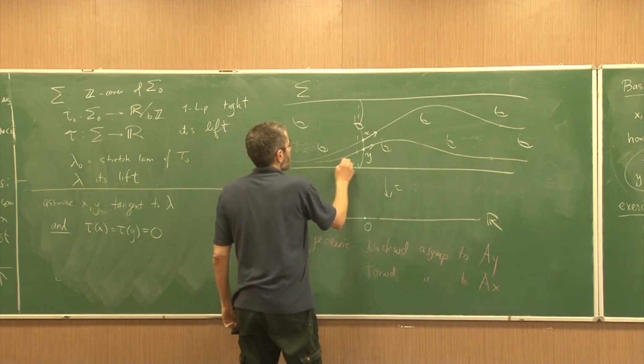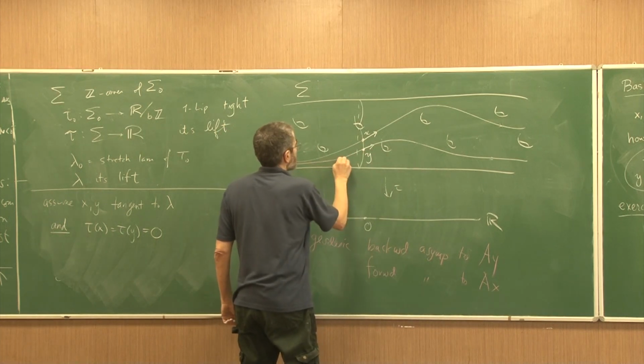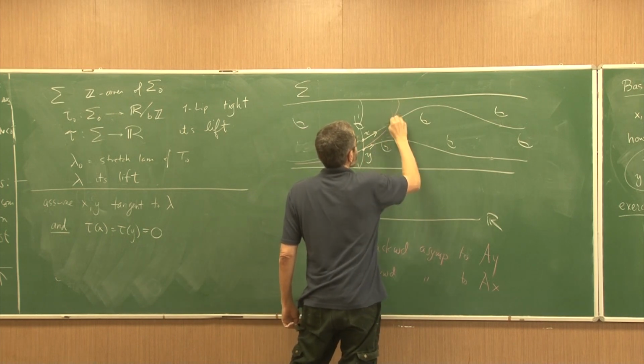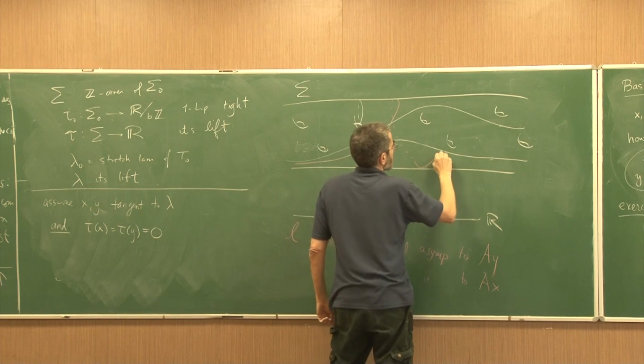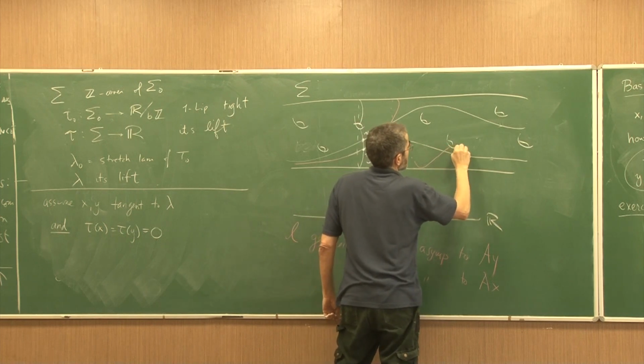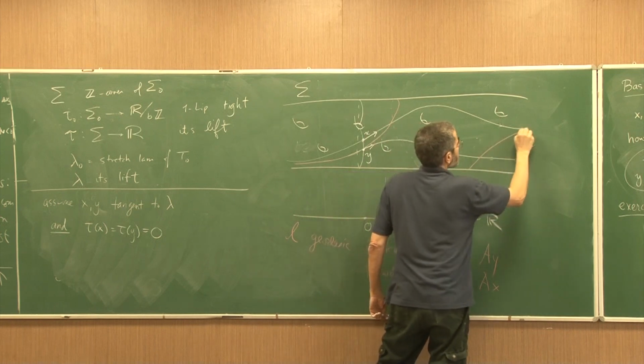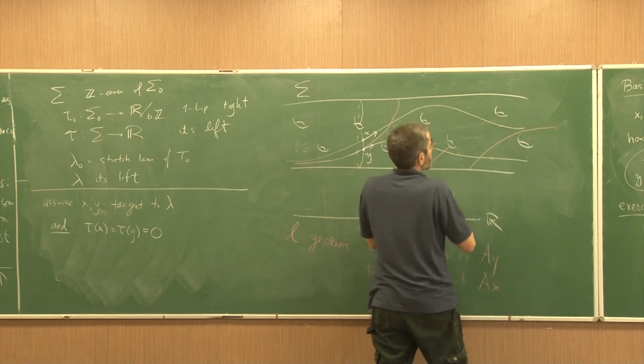So here's one. In backward time, it's asymptotic to Y. At some point, it leaves Y and it runs around in some way. I don't know. All right, one more time. And then eventually asymptotic to X in the forward direction.